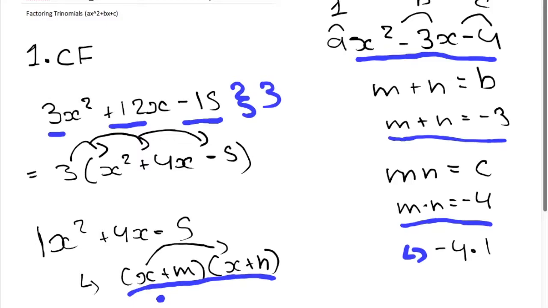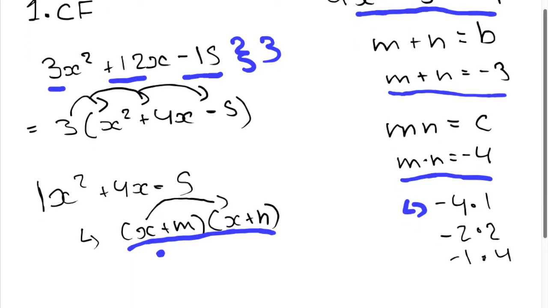It could also be negative 2 times 2, or negative 1 times 4, and the same way, 2 times negative 2.